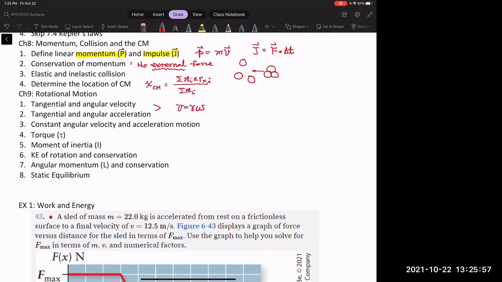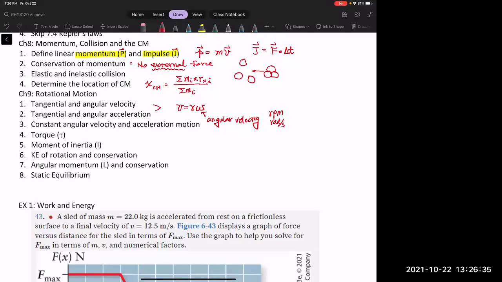If you have an object doing a rotation, then it will have a rotational velocity, which is what we call the angular velocity. Angular velocity, sometimes we use RPM to represent it, and sometimes we use radians per second. So you have to look at what the problem gives you. Sometimes you might need to do some unit conversion, so make sure that you know what that is.